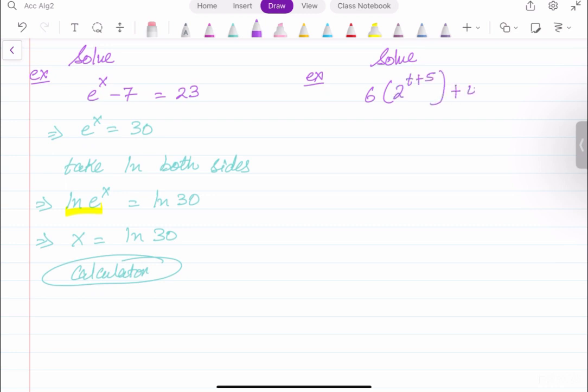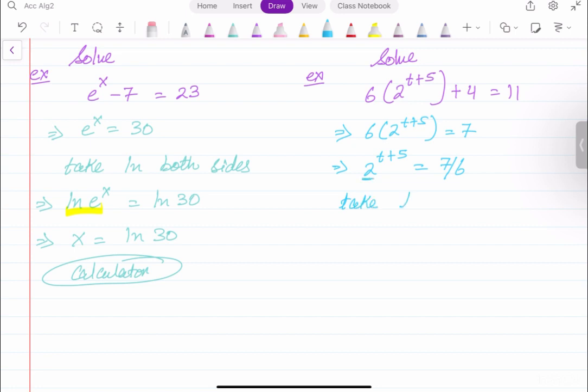You have 6 times 2 to the power of t plus 5, plus 4 is equal to 11. So first thing first, move 4 to the right-hand side by subtracting 4 from both sides. Now divide both sides by 6. Now at this point, I need to bring t plus 5 down. How? Can I take log with base 2 on both sides? Right? So that will help us.